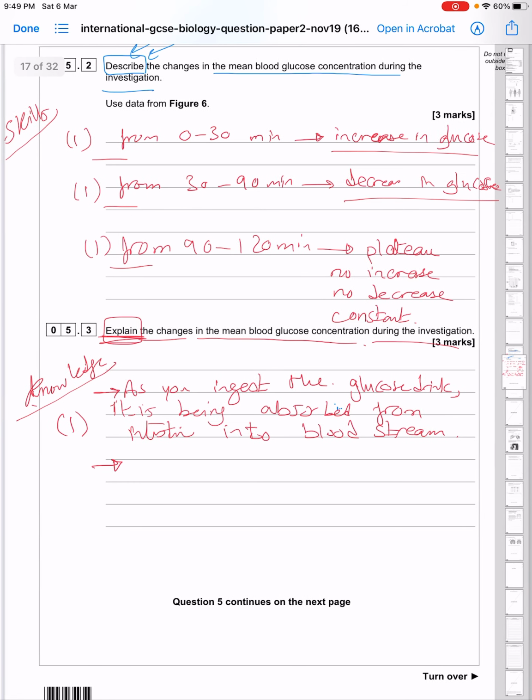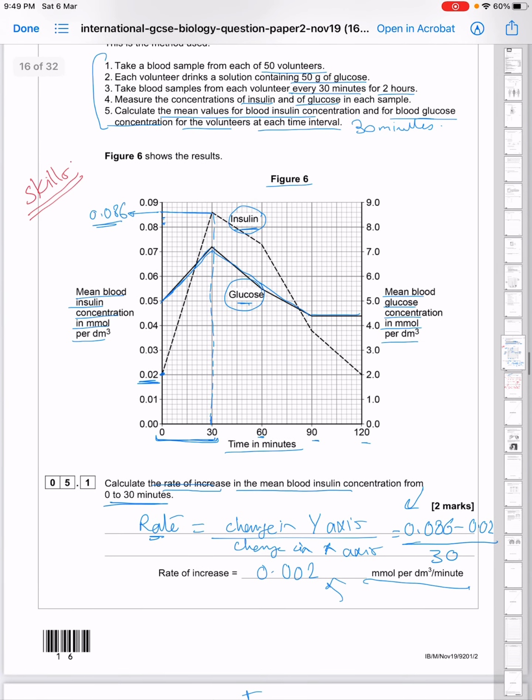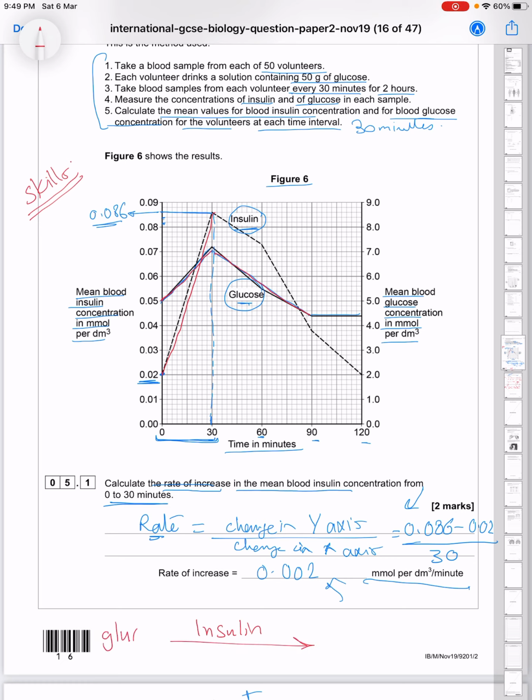If you check back here, guys, the curve, as you see here, after the glucose has been increasing, insulin has been released, and so consequently glucose is being decreased because insulin, I'm going to write this here, insulin is what converts glucose into glycogen.